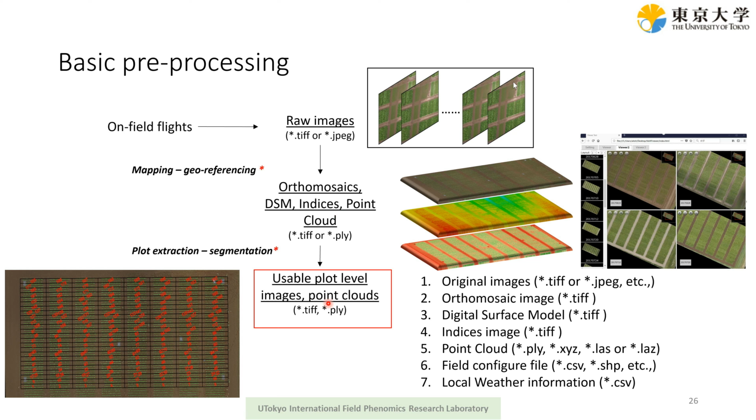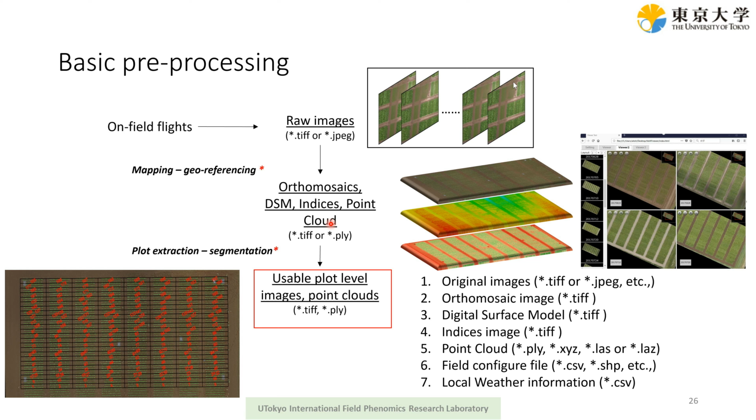And from orthomosaic to the basic analysis of the plots, it's almost automatic at this moment. But you still have to manually run this process using the commercial software from my side. So sorry about that.